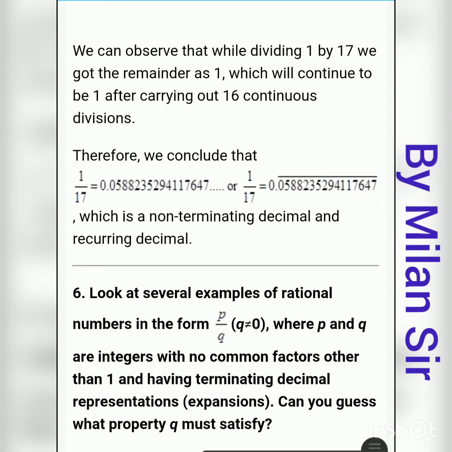Just count the digits: 1 2 3 4 5 6 7 8 9 10 11 12 13 14 15 16. Total 16 digits, right? So 16 digits are recurring digits. Here you need to do the division process of 1 by 17, then you will get your answer.